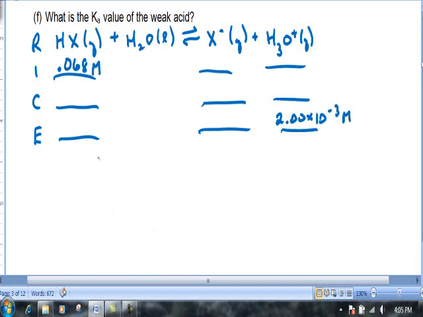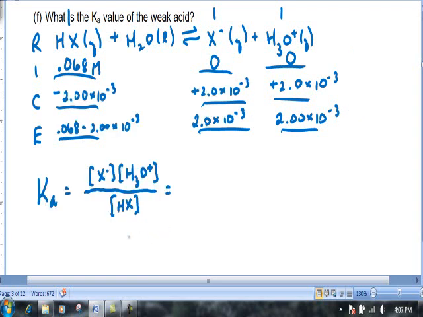This allows us to fill in the other spots in our RICE strategy. Initially, before the acid dissociates, the amount of hydronium and X minus is 0. Since we know the hydronium concentration at equilibrium is 2 times 10 to the negative third, that gives us the size of our change value. Because the X minus and hydronium are in a 1-to-1 ratio, also with the weak acid, it's 1 to 1 to 1, we know the size of our change for each part of the chemical equilibrium.